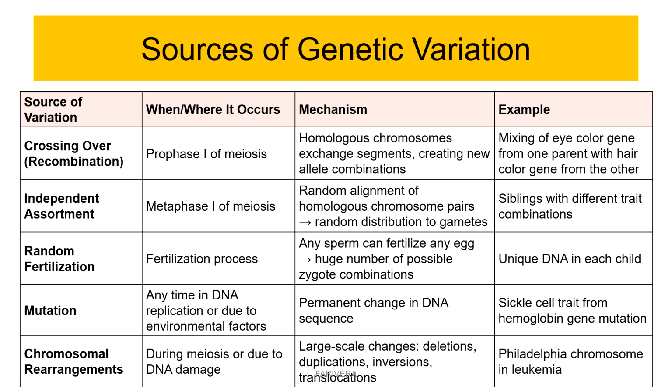And then finally, we have chromosomal rearrangements, such as deletions, duplications, inversions, and translocations, which can also produce variation. This slide gives the Philadelphia chromosome in leukemia as an example of a chromosomal rearrangement. So this shows that genetic changes may contribute not only to normal variation but also to disease.